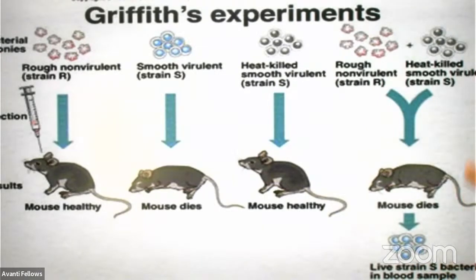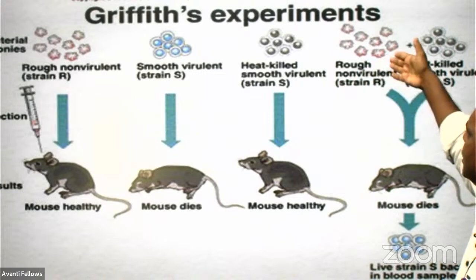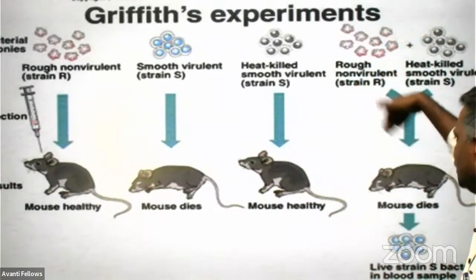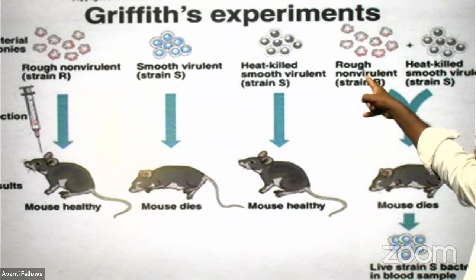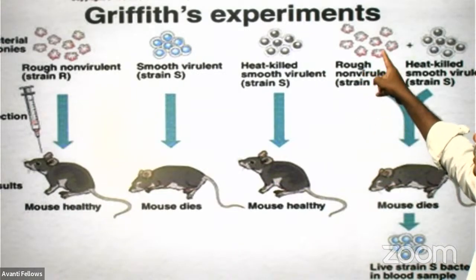He didn't inject the living strain. He injected the killed strain only. And the living bacteria injected was the non-virulent R strain only. But here he found the living dangerous strain bacteria. Why? Because the rough bacteria strain is living.